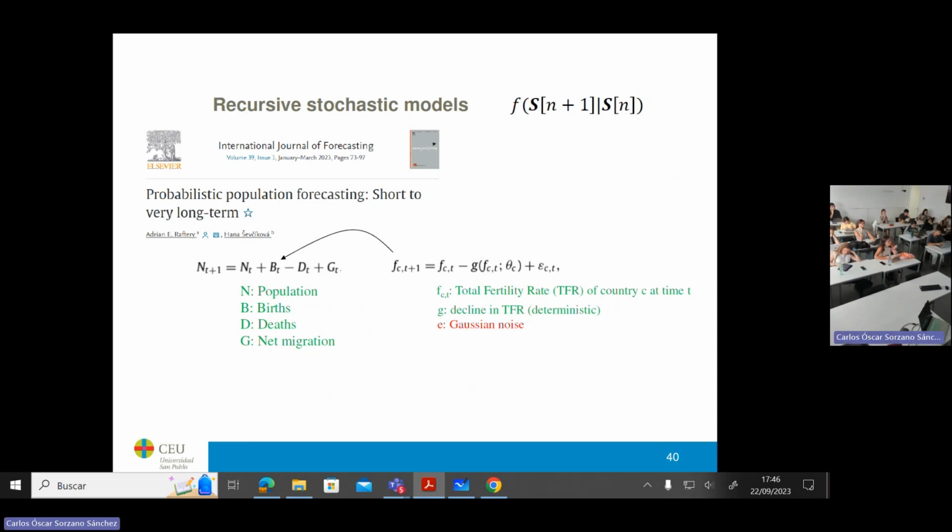Given the current state, which is the current size of the population, I will compute the next one. This is not a closed system. If you consider births and deaths as going out of the system, then it is an open system. And then you have migration also, if you consider this as a country. So now it is an open system.